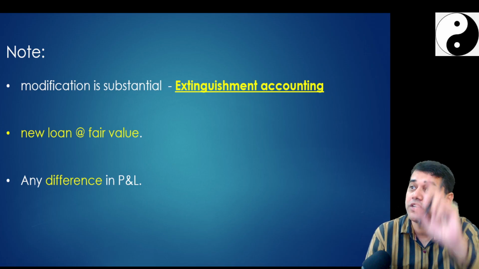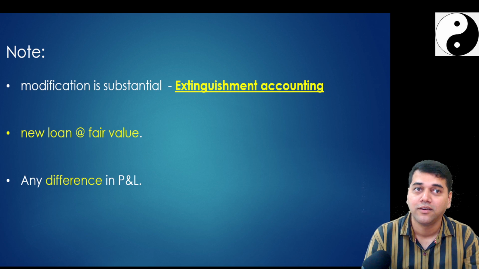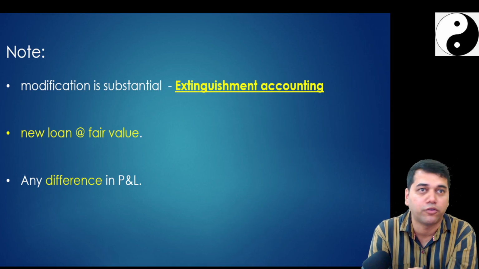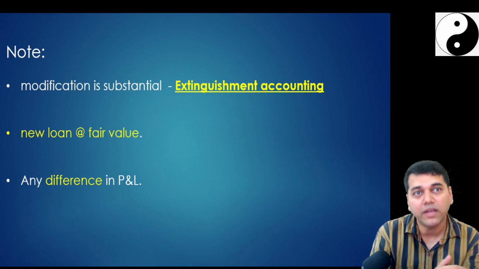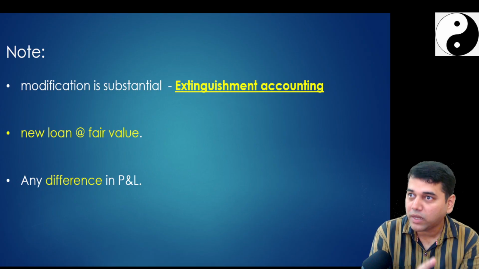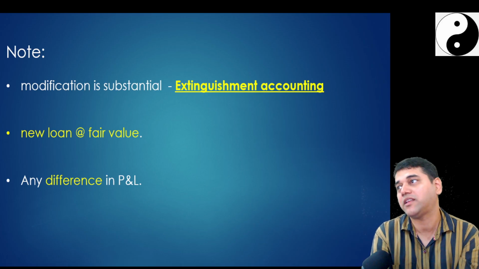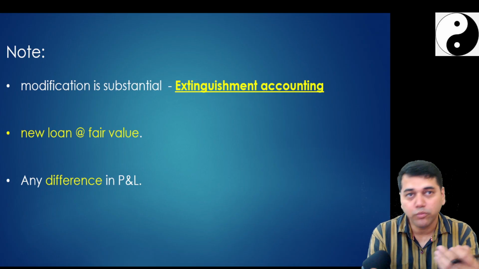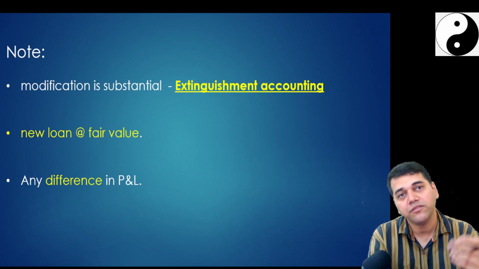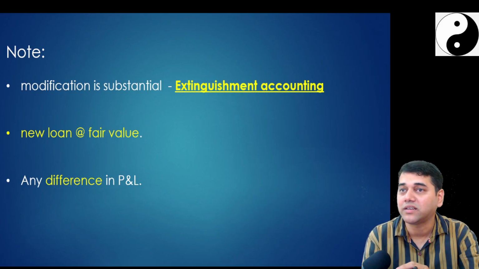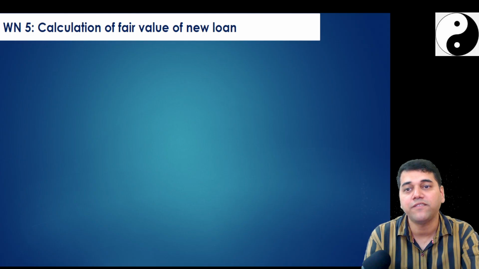But what about the original first transaction cost? You are doing extinguishment accounting. What goes out? Book value of the loan goes out. Is the book value and your new value the same? No. In the previous question it was the same, because both were at market terms and there was no transaction cost. But the moment transaction cost comes into the picture, we have a gain or loss. And this gain or loss is the original transaction cost. Next, write fair value of the loan.